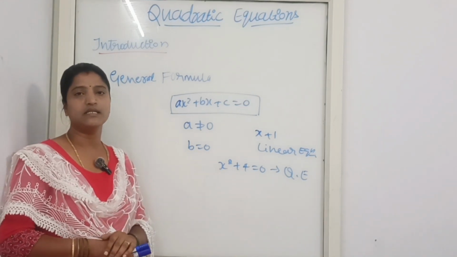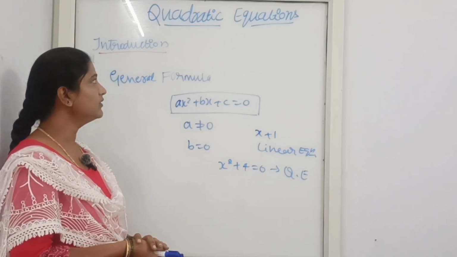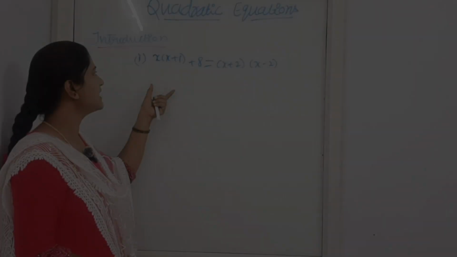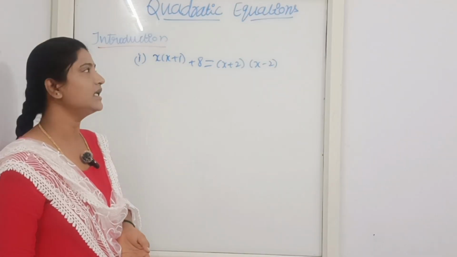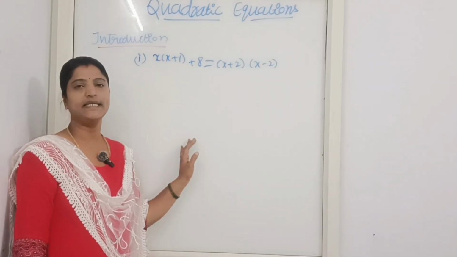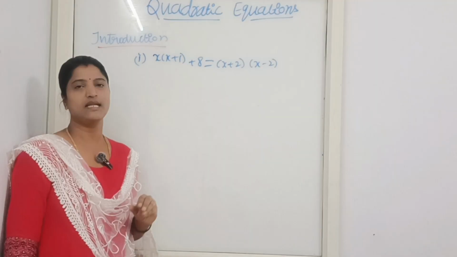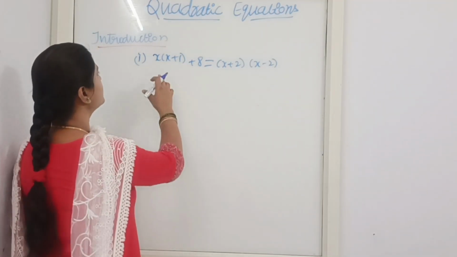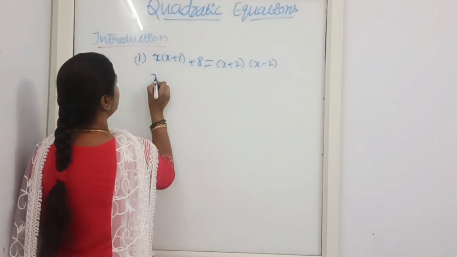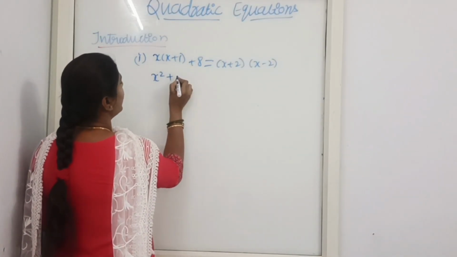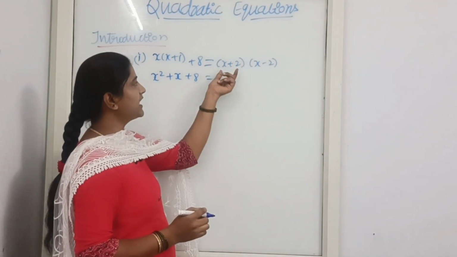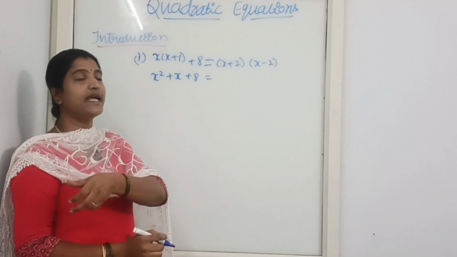Now let us understand how to verify whether an equation is a quadratic equation or not. For identifying it, we need to simplify. Here x into x plus 1, take the x inside: x into x square, x into 1 is x, plus 8 is equal to x plus 2 into x minus 2.